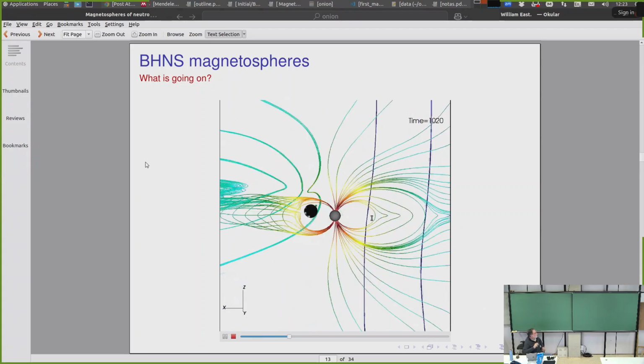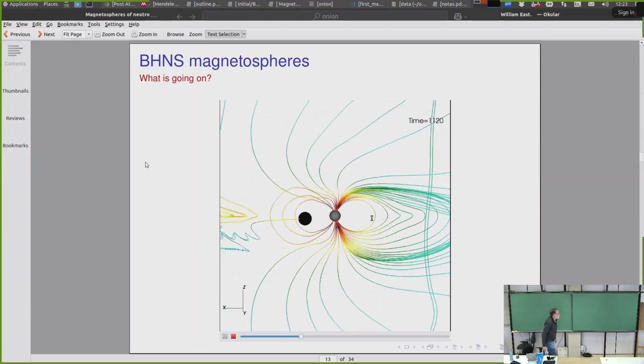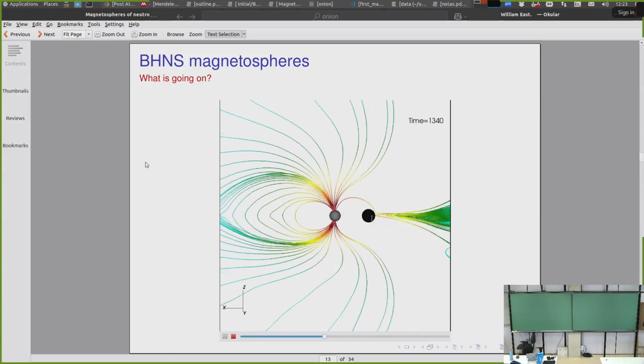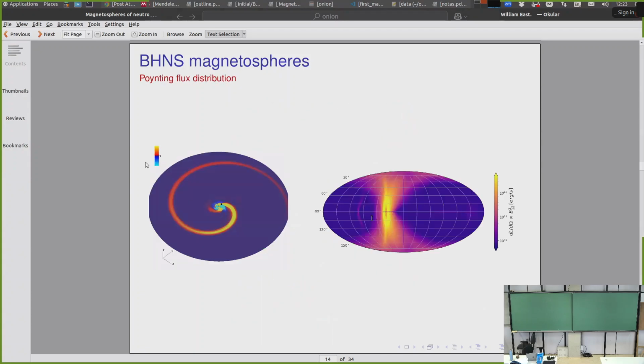And they reconnect, and eject a lot of electromagnetic energy this way and release it. So we can study how this energy extraction process will be happening again. So this is similar to the original ideas of Blandford-Znajek and Goldreich-Julian.